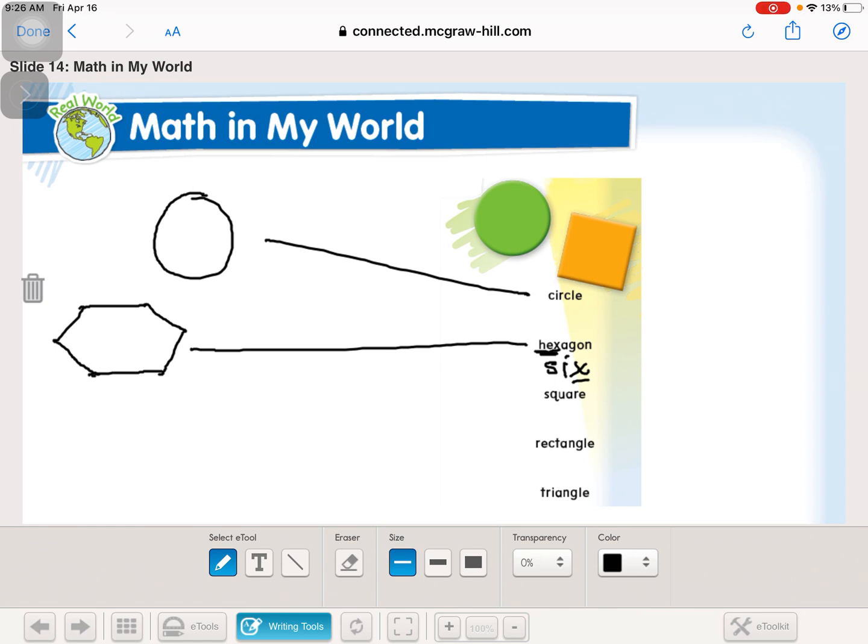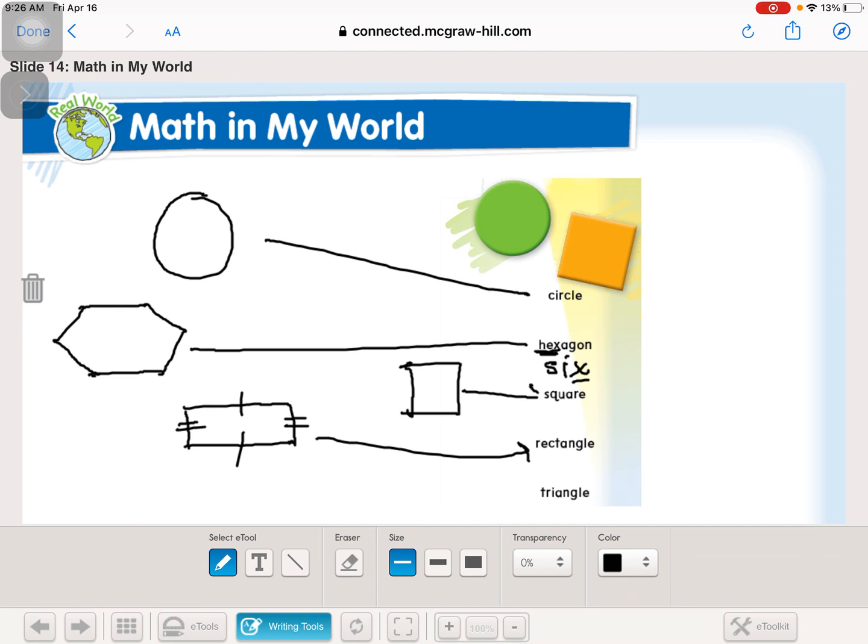Okay, then square. Square is also maybe one of the most common shapes that we see, with exactly the same size sides. That's what makes a square a square. A rectangle is also a 4-sided figure, but it has 2 sets of parallel sides. So these 2 match in length and these 2 match in length, but they don't all 4 match in length like the square.